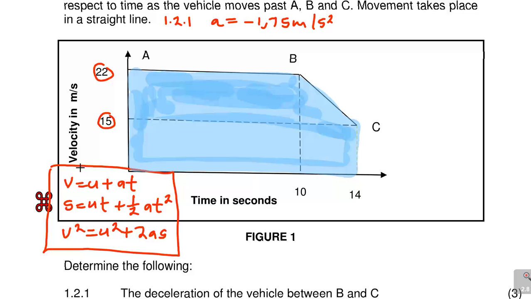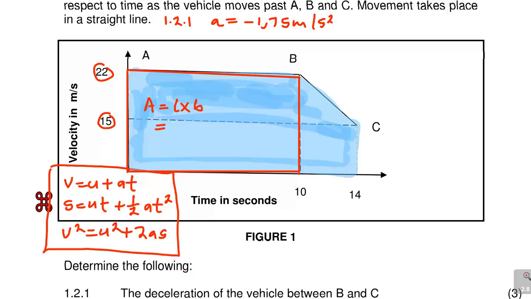If you look at the diagram, they say everything is a straight line, remember? You take that, and you take that, and you take that. The assumption is this is a rectangle. Now the area of a rectangle is length times breadth.